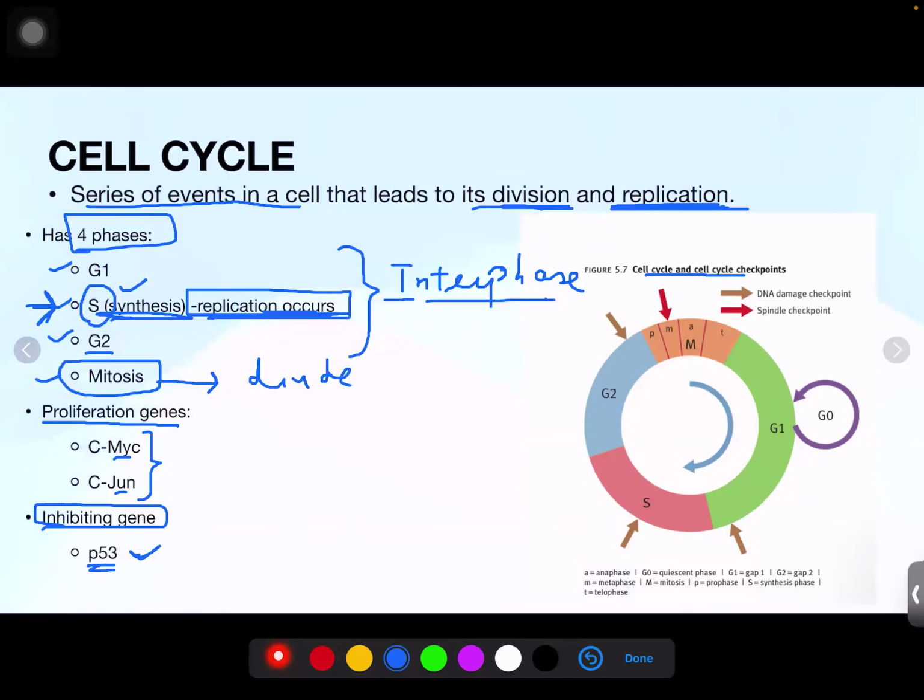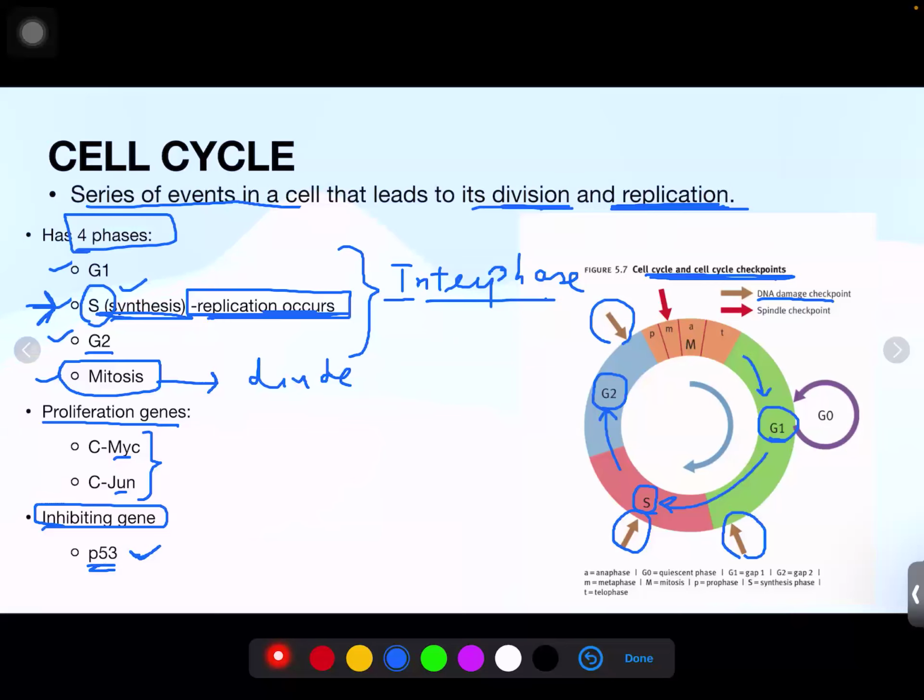Coming to this figure, you see this is the G1 phase, gap 1. Then this is the S phase, and then this is the G2 phase. So the cell enters first the G1 phase, then goes to the S phase, and then to the G2 phase. These 3 phases are interphase. And you see there are multiple arrows which point to the DNA damage checkpoints in all three phases.